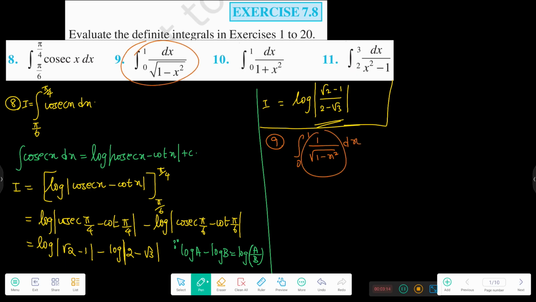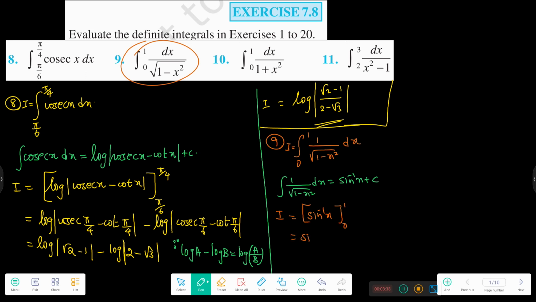This is directly which formula? Sine inverse. The integral of 1 divided by square root of 1 minus x square into dx is sine inverse x plus c. This is the formula. So I is equal to sine inverse x, limit 0 to 1.